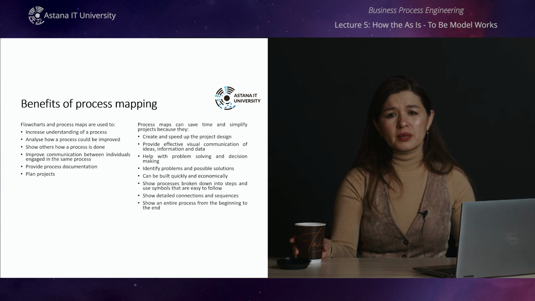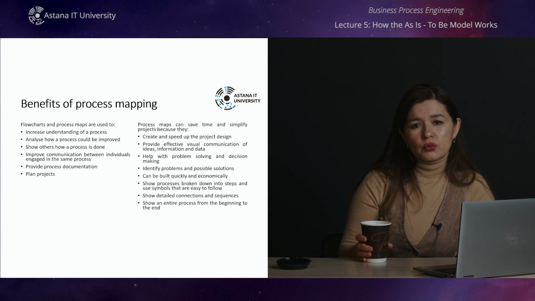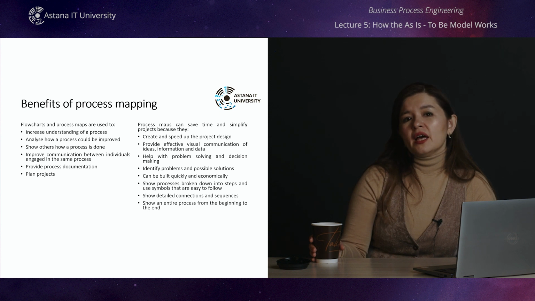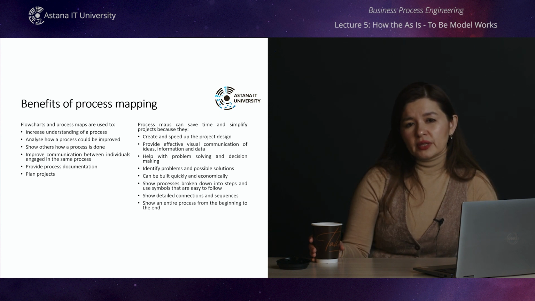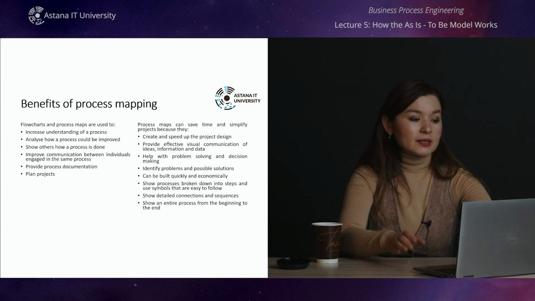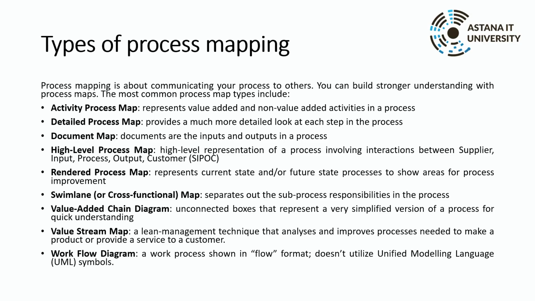Flowcharts and process maps visually represent the sequence of steps, actions, and interactions within a process. They are instrumental in helping individuals, teams, and stakeholders gain a comprehensive understanding of how a process operates, fostering clarity and insight.